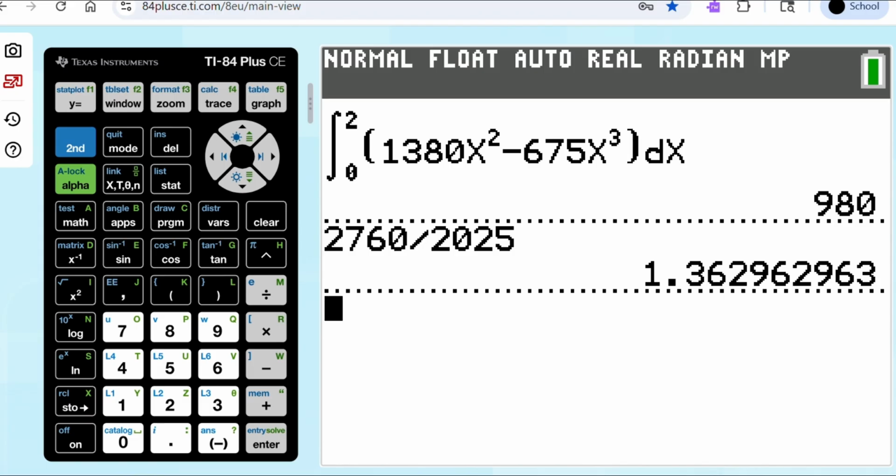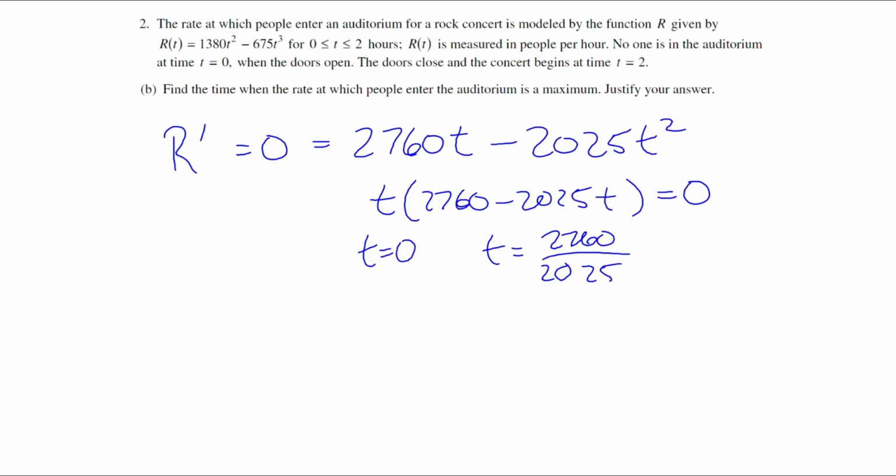We'll just call it 1.36296, just to approximate here. And then, of course, we also would want to check at the other endpoint, which is 2.